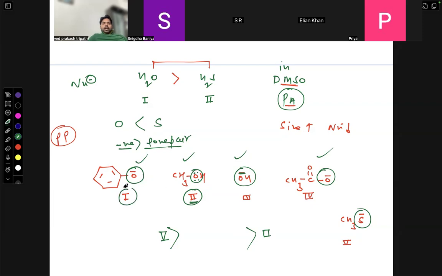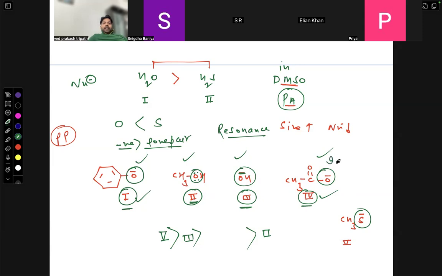Now the first, third, fourth, they are all negative. Same donor atom. Now effect of resonance. Okay, between first, third and fourth, which one has no resonance? Third. So third. Now between 1 and 4th, we have done this already.